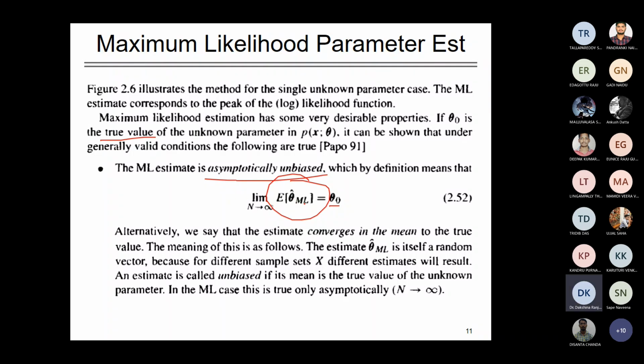So theta 0 itself is the true value for this estimation, which we can get by taking the limit n tends to infinity. Okay.